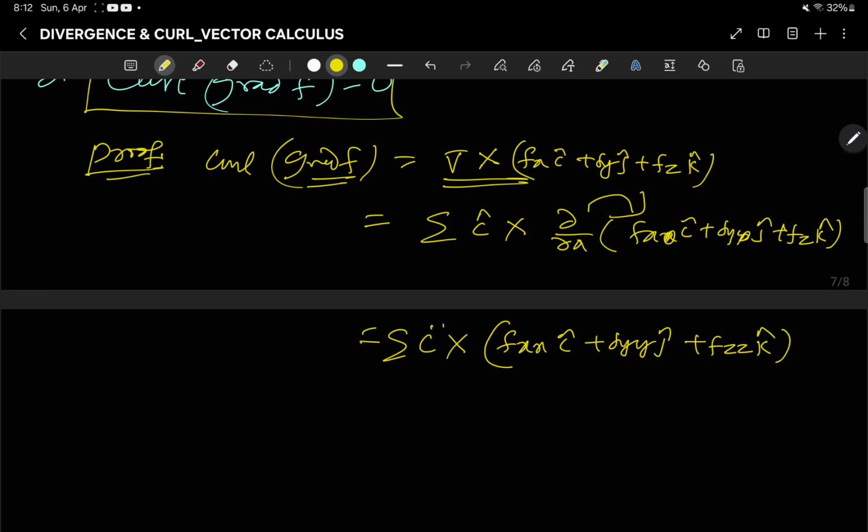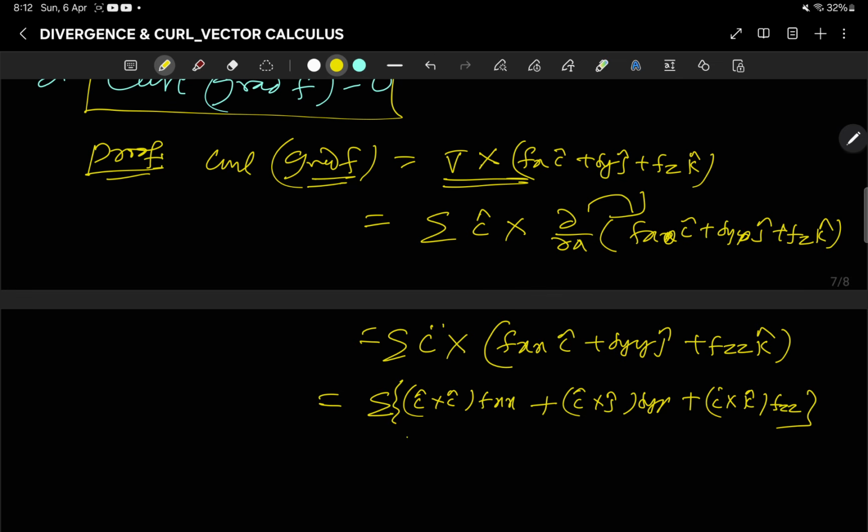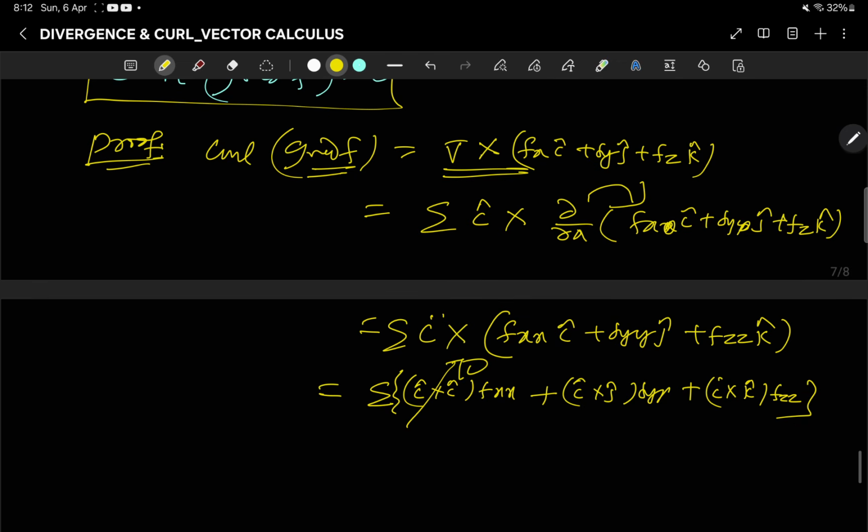So f is a scalar here. I can write it as the summation of I cross I fxx plus I cross j fxy plus I cross k fxz. Here I cross I is 0. I cross j is k, and I cross k is minus j.